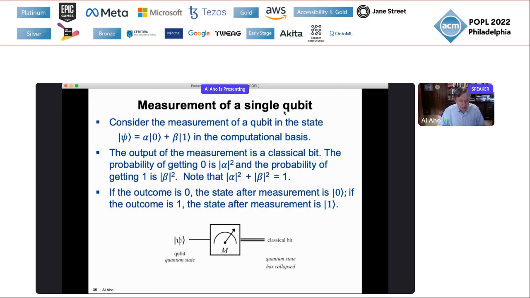The probability of getting 0 is the absolute value of alpha squared, and the probability of getting 1 is the absolute value of beta squared. Moreover, if the outcome is 0, the state after measurement is ket 0. If the outcome is 1, the state after measurement has collapsed to ket 1.